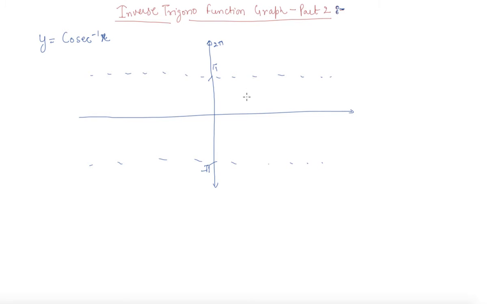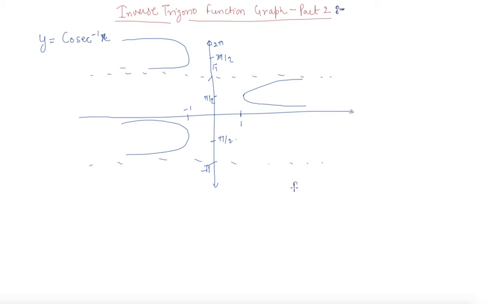And this point is 1. Here it will look like touching minus 1. Here also. Okay, so this is the plot, students. So this point is 3 pi by 2. This point is pi by 2. This is minus pi by 2. Okay, so this is the plot of y is equals to cosecant inverse x, students.